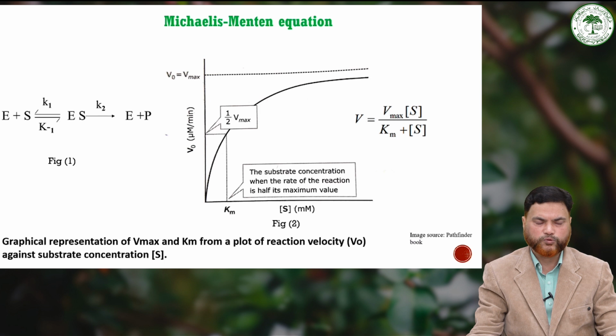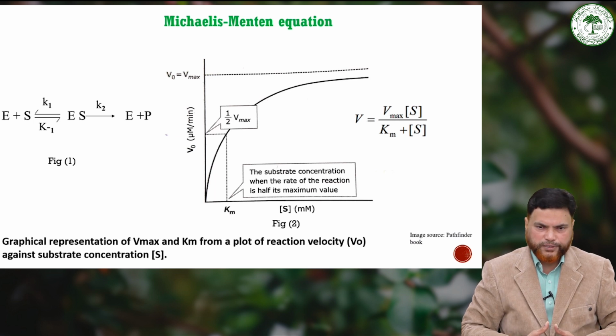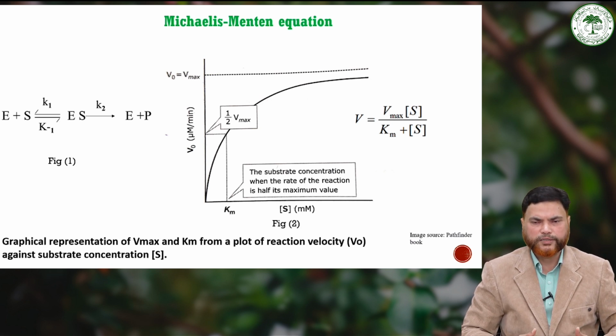Km, as I mentioned, is equal to K minus 1 plus K2 upon K1, and S stands for the concentration of substrate. In very simple terms, this equation tells how fast the reaction is going to be depending on how much substrate is around. It helps us understand the relationship between enzyme, substrate and how quickly they react together.